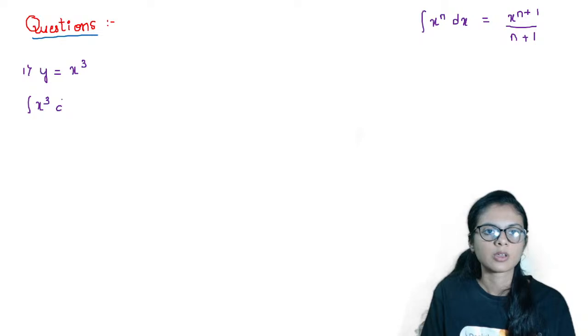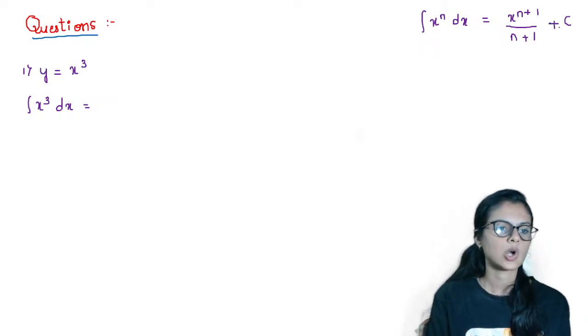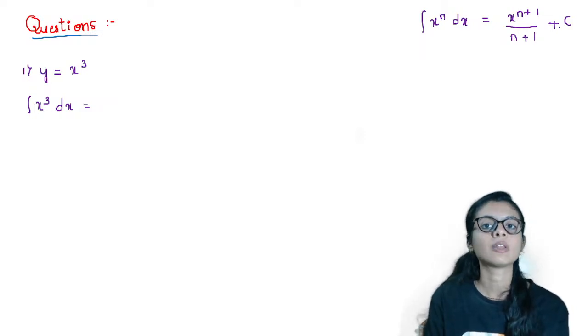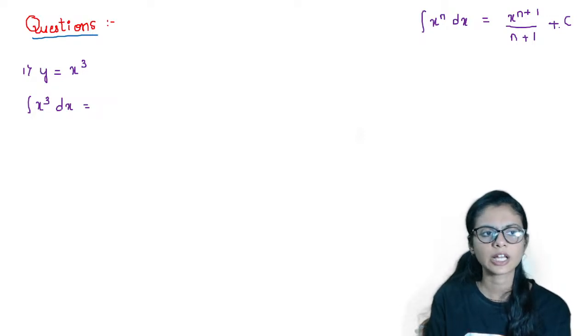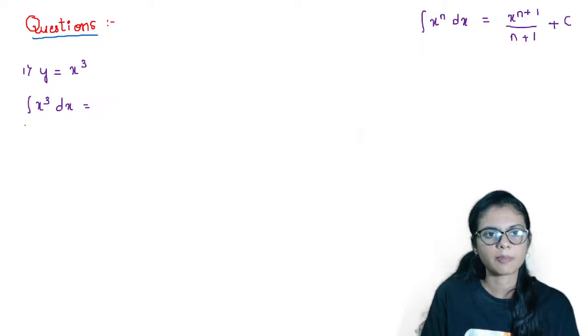Normally here you'll get a constant C because it's not a definite integral. Definite integrals have limits a to b, so we'll be studying about it later. Can anyone tell me quickly in the comments? Very easy, basic question. Just apply and substitute the formula.